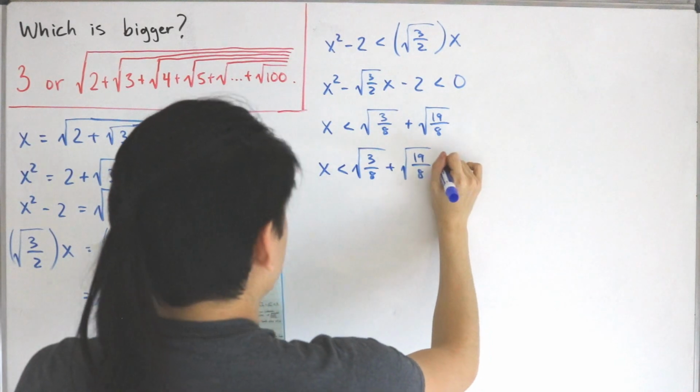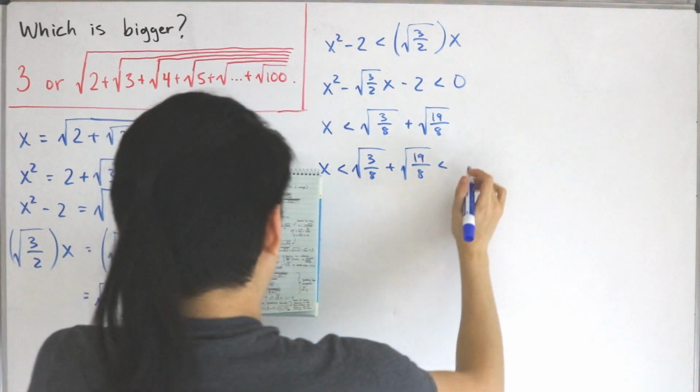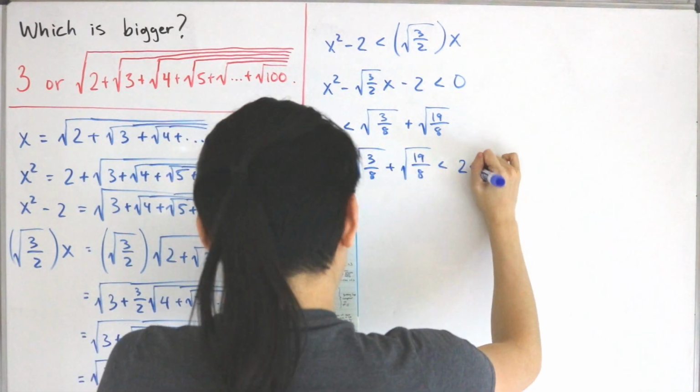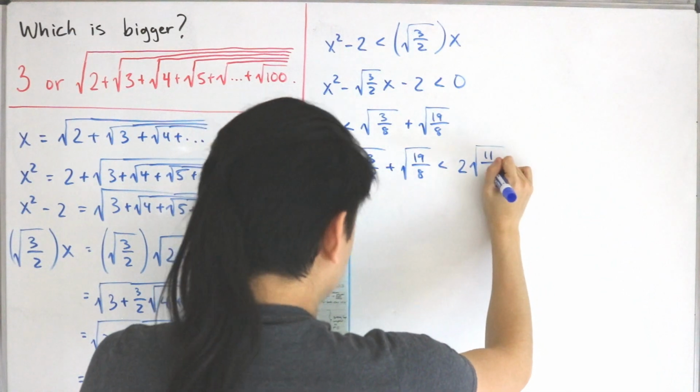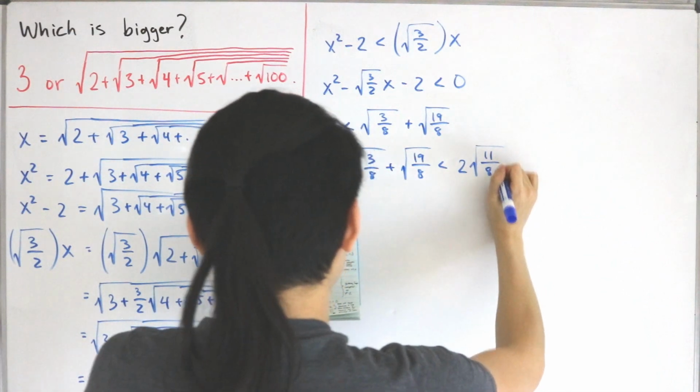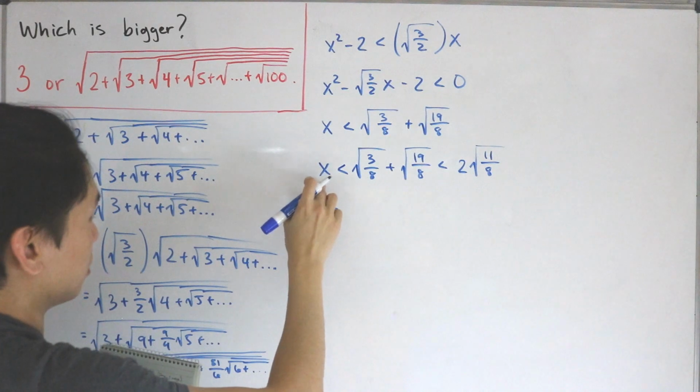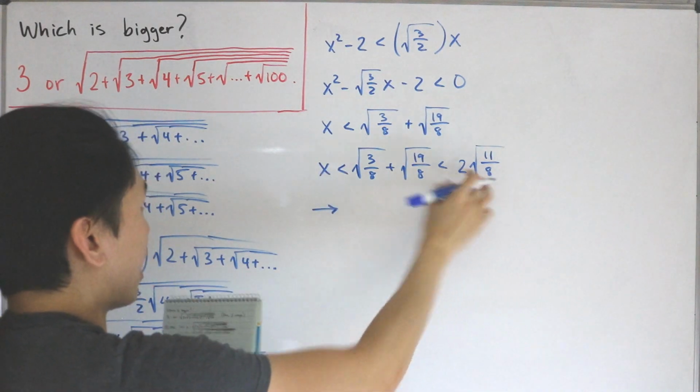Utilizing this bound, I have 2 times the square root of 11 divided by 8. Then we continue with the extreme left and extreme right hand sides.